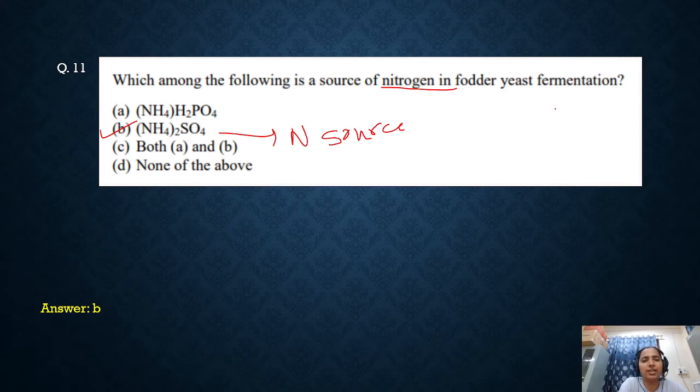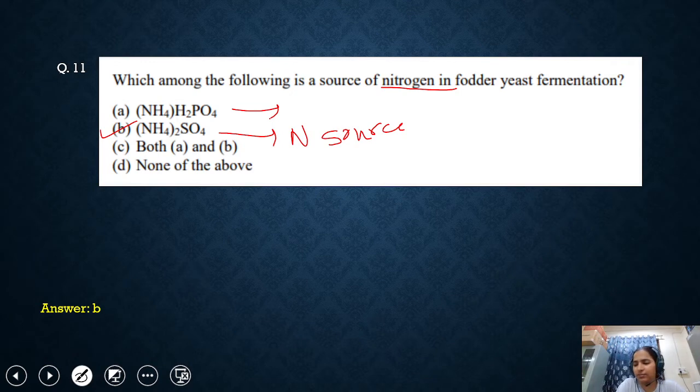But can anyone tell me why this ammonium biphosphate is used? Do we use this in the fodder yeast fermentation or not? What is the use of this?